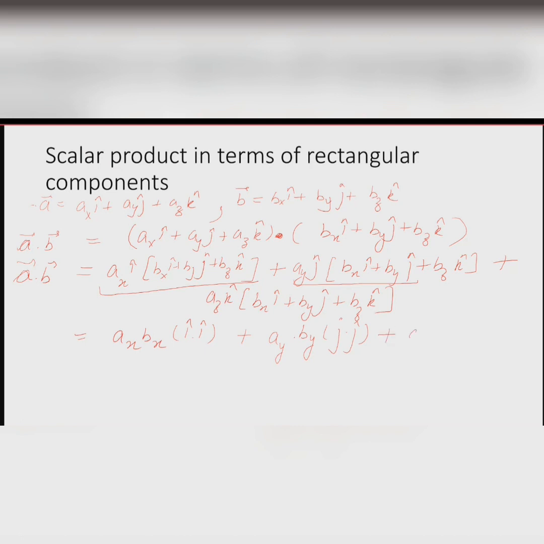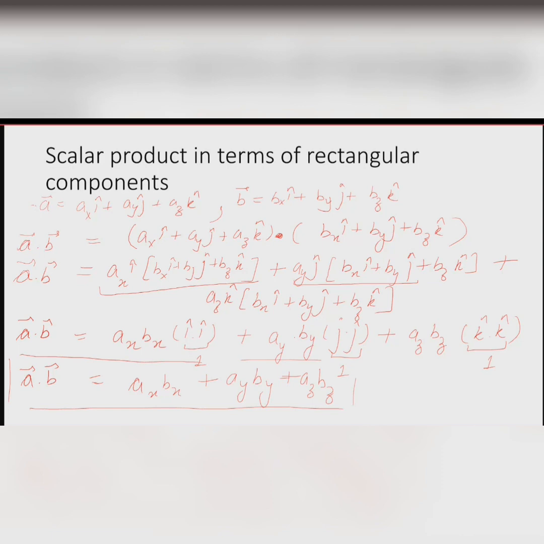Then in the third one, az bz will survive, k hat dot k hat. Ultimately i hat dot i hat is 1, j hat dot j hat is 1, and k hat dot k hat is 1. So in terms of components, I can write vector A dot B as ax bx plus ay by plus az bz. This is how I can calculate the dot product of two vectors when the vectors are given in Cartesian form.